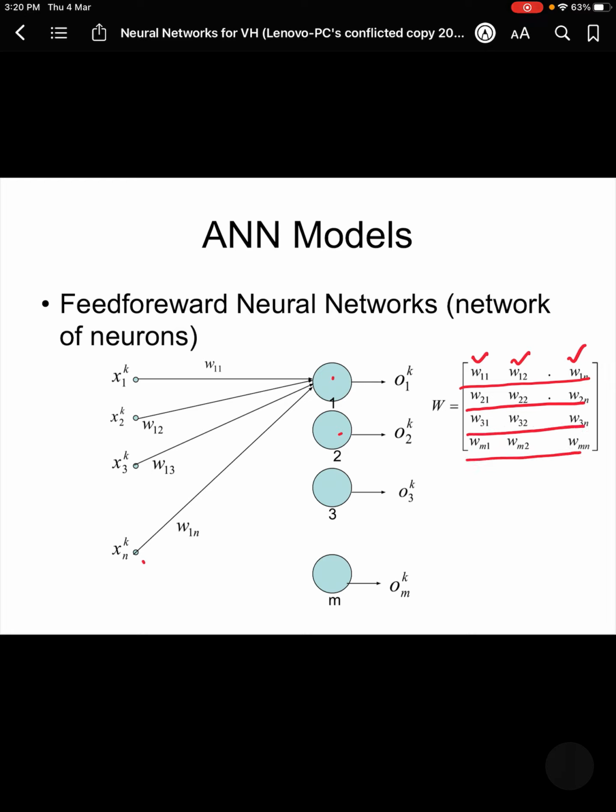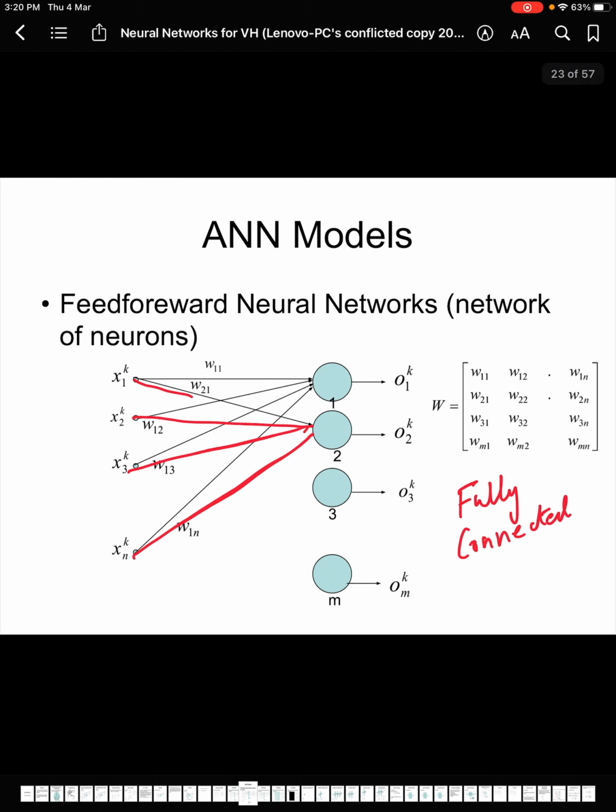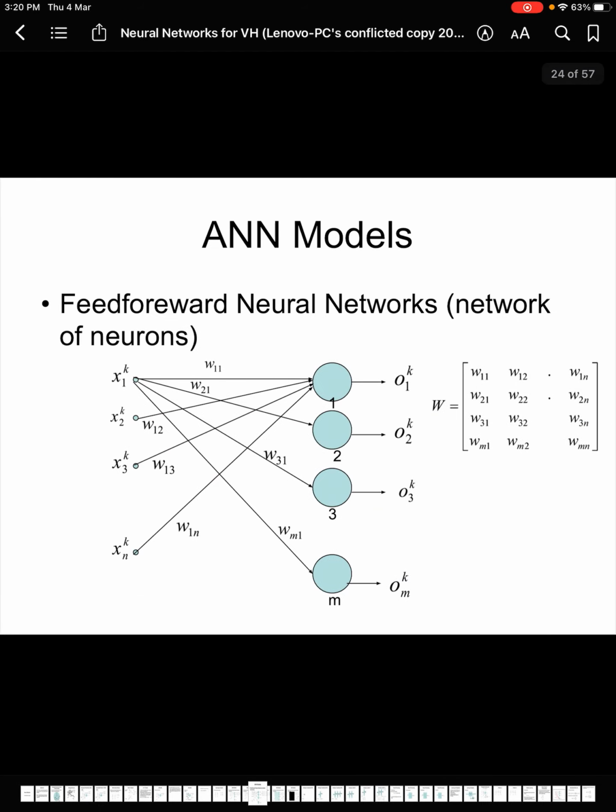Finally, a neural network having multiple inputs and multiple outputs is defined in terms of a weight matrix. This is essentially a weight matrix, and that is how the weight matrix of a neural network looks. Here it is showing all the connections and weight matrices.